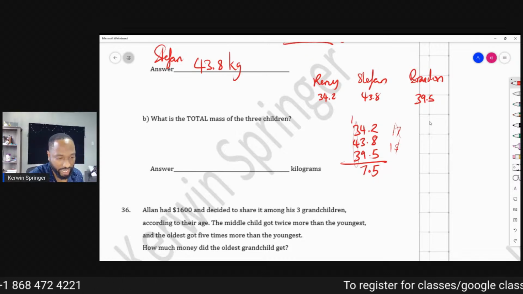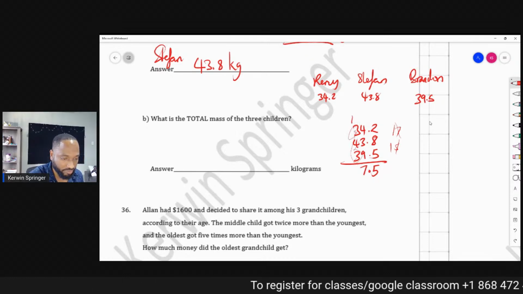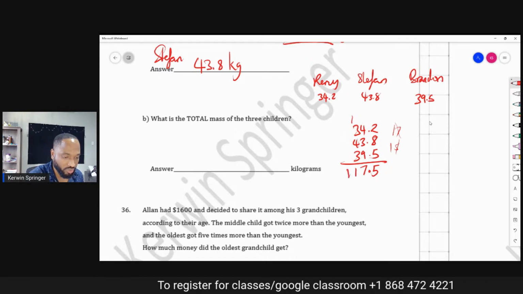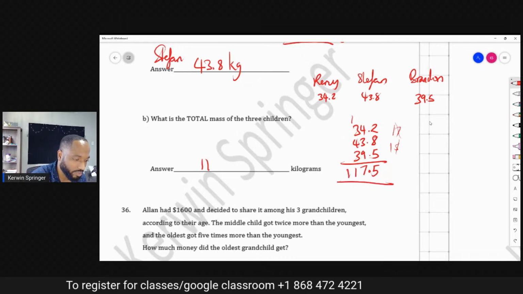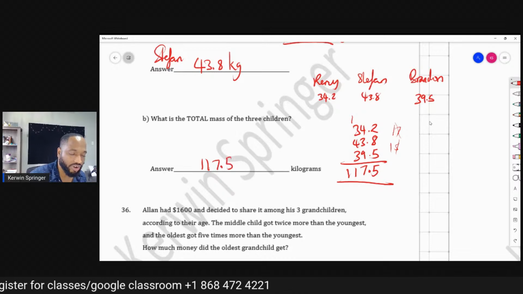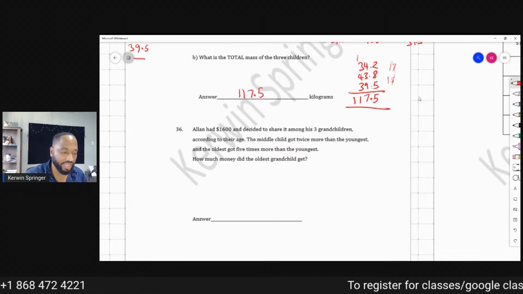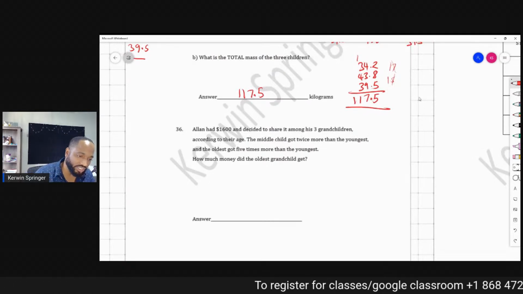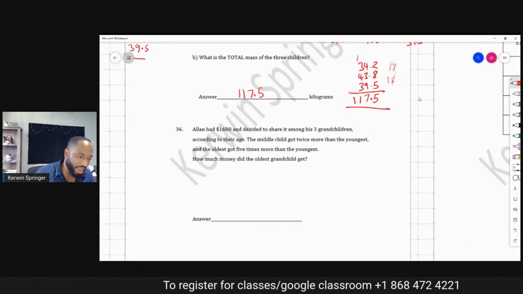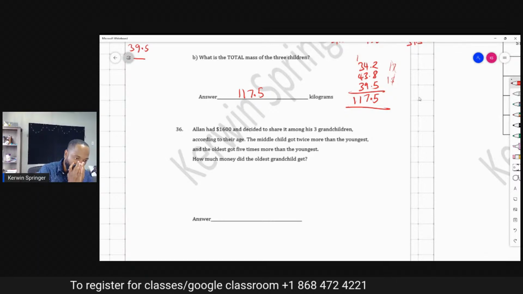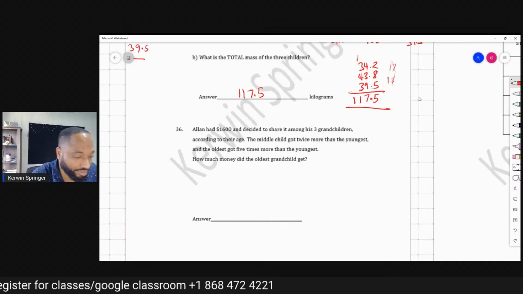And I'll have 10 here because 3 and 3 make 6, and 4 is 10. And I just have 11. So 117.5 kilograms. Lovely, lovely.